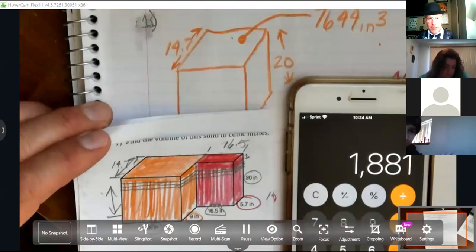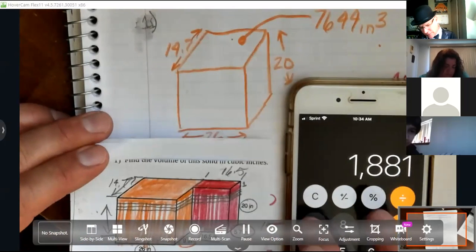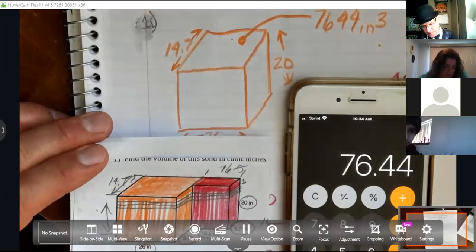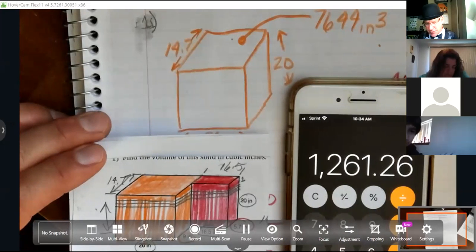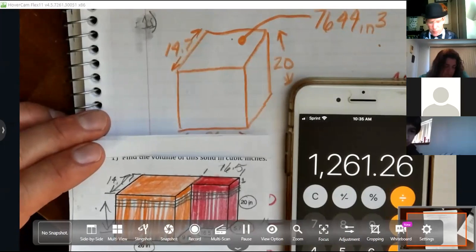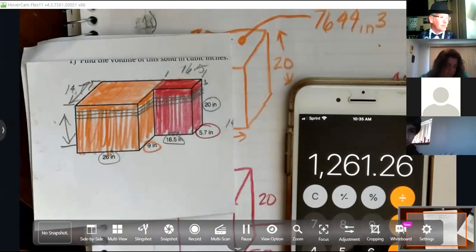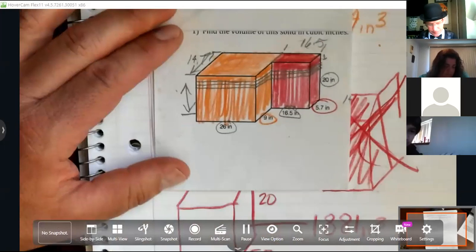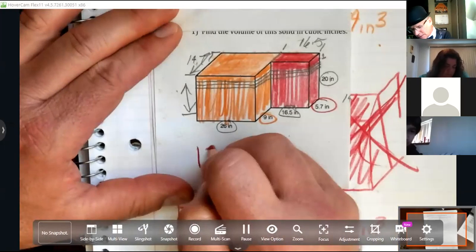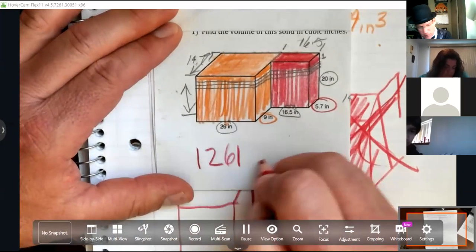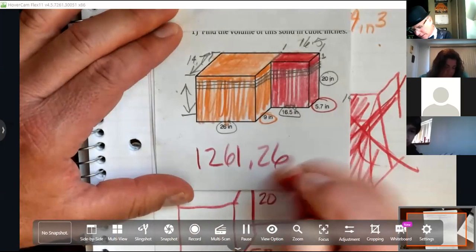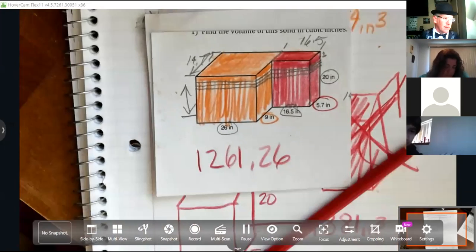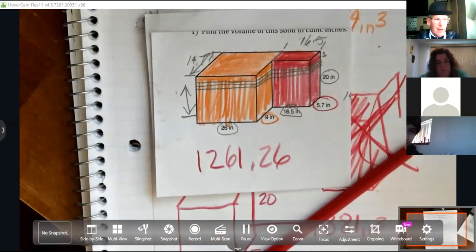And we remember up here that orange guy was 7644. We get 9,525. So our answer is 9,525.